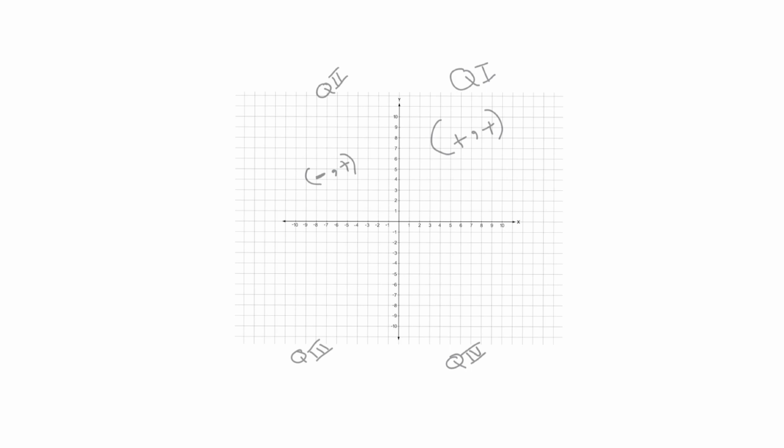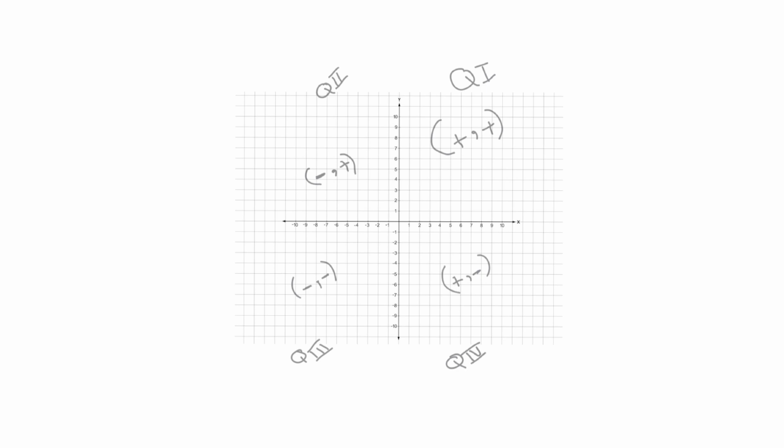I won't write x and y. You know that the first one is always x and the second one is always y. The third quadrant is formed out of a negative x along with a negative y. The fourth is formed out of a positive x along with a negative y.